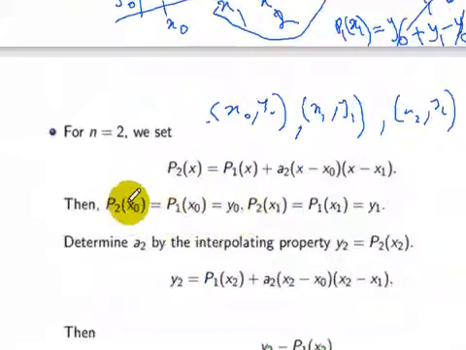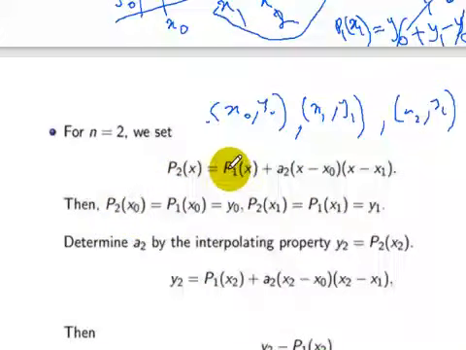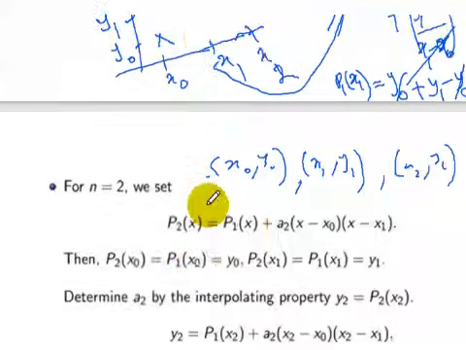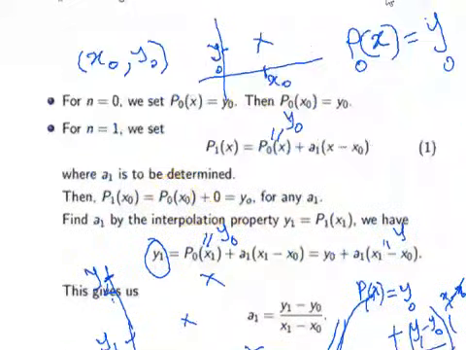So when you throw this value into the equation, this cancels off, right? This term kills, right? You can kill this term by throwing this value into the equation. So what do you get? We get p sub 2 evaluated at x0 is equal to p sub 1 evaluated at x0, which is y0 from here.